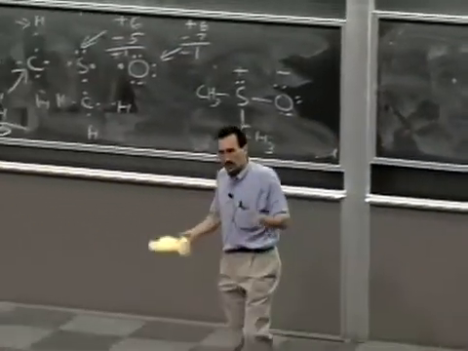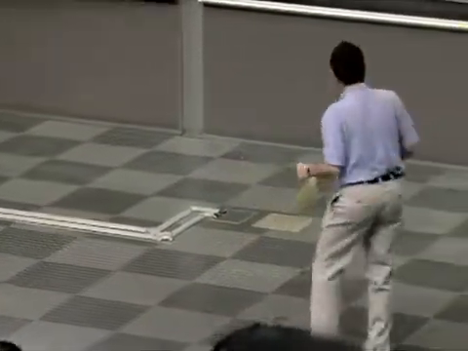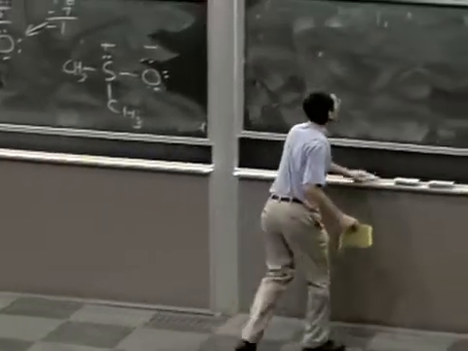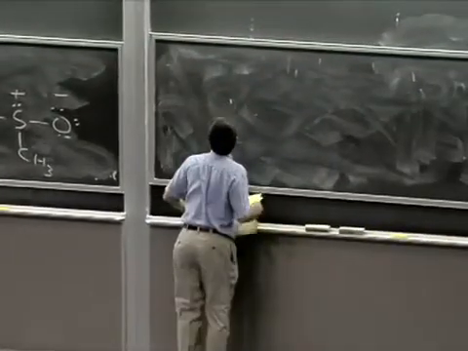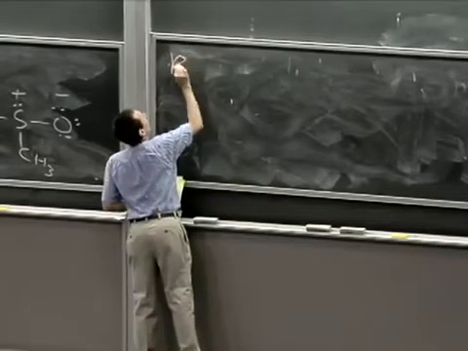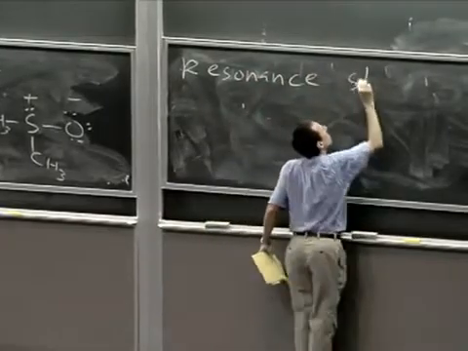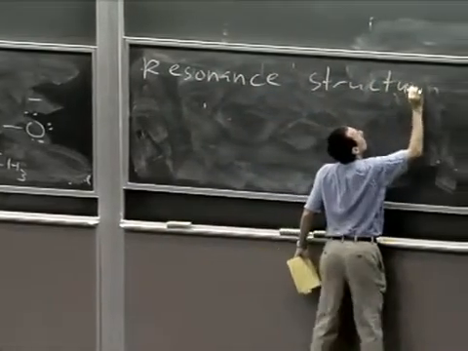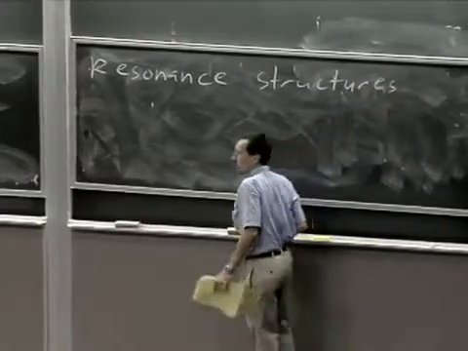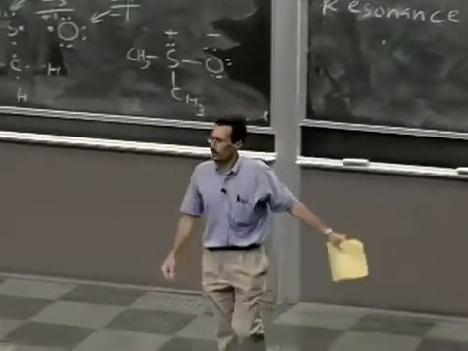All right, let me write out what I've been saying about resonance structures. Let's give a couple of good examples. What's wonderful about Lewis electron dot structures is they allow us to get a very simple picture of the structure of molecules.